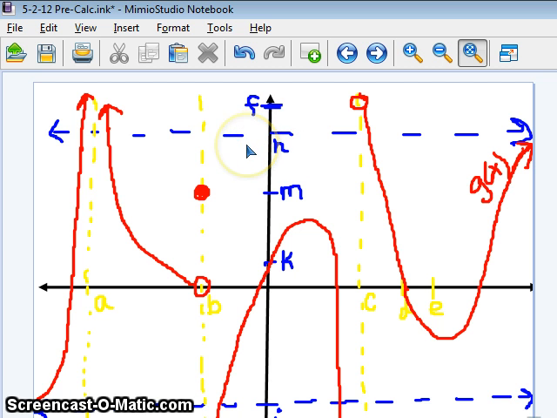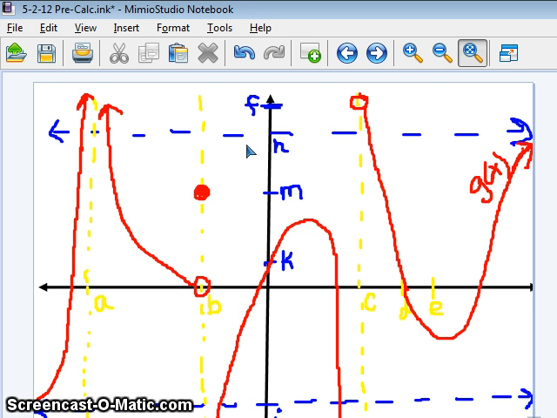H. So the answer for number 1, as our function g of x moves towards positive infinity, we are actually getting close to h. Our limit as we approach positive infinity is h.